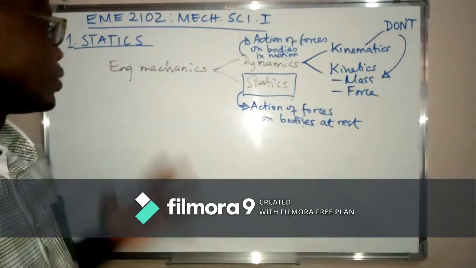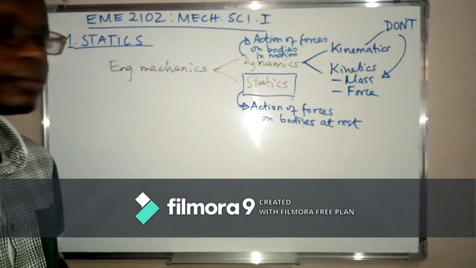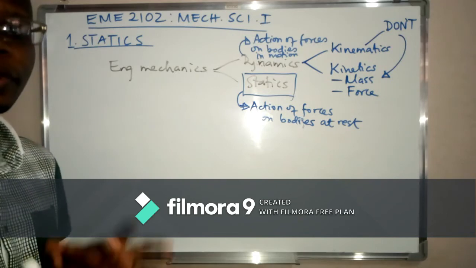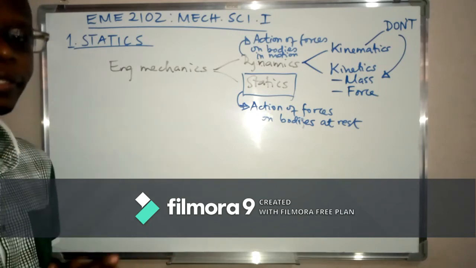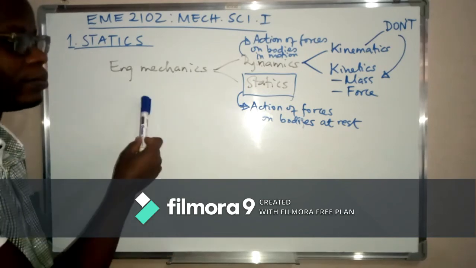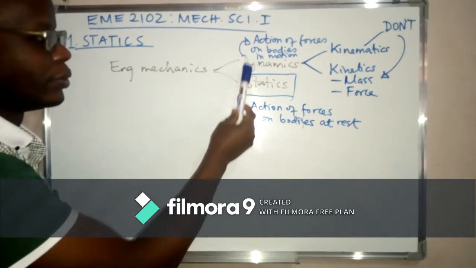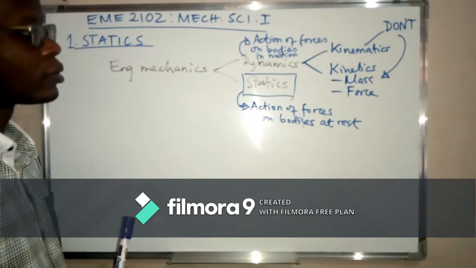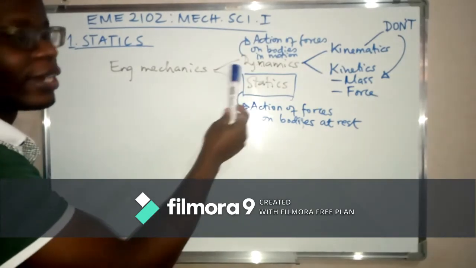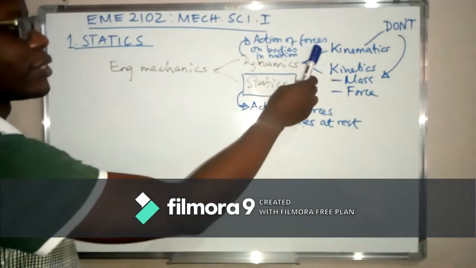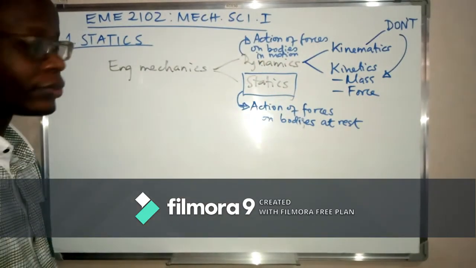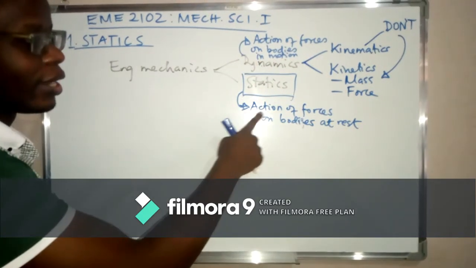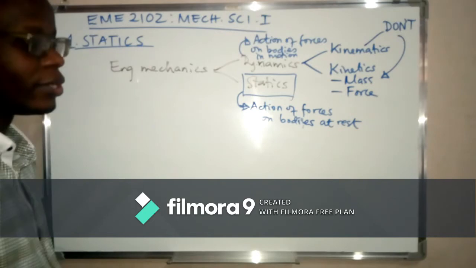Before we delve into statics, we need to look at the broader picture, engineering mechanics. Engineering mechanics is divided into two branches, that is dynamics and statics. In dynamics, we study the action of forces on bodies in motion, while in statics, we study the action of forces on bodies at rest.